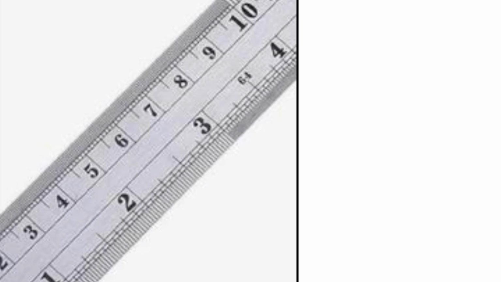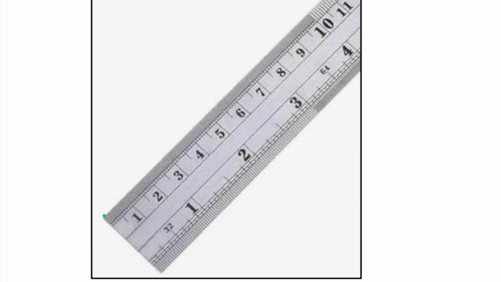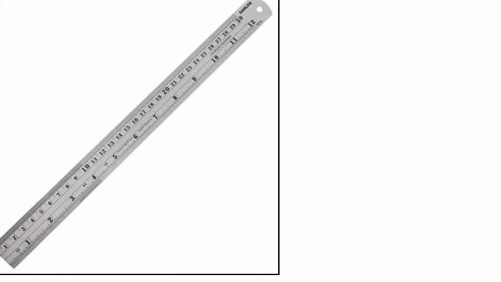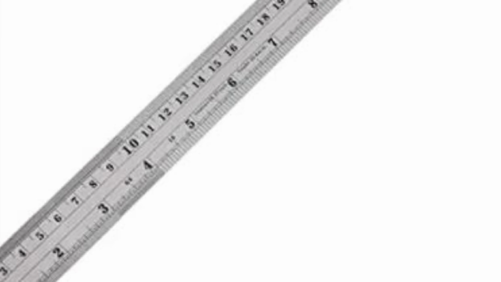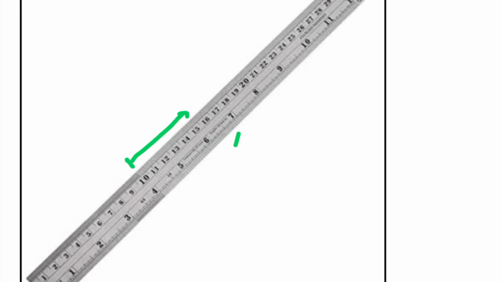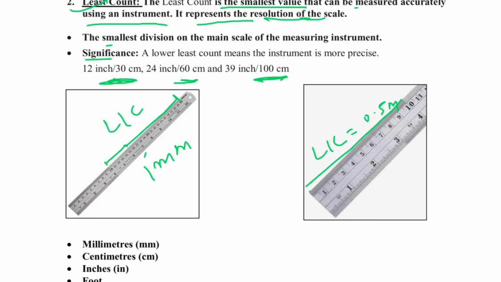From 1 to 10 centimeter, the least count is 0.5 mm, right? And from 10 up to 300 mm, the least count is 1 mm. The least count of the scale is 1 mm, right?